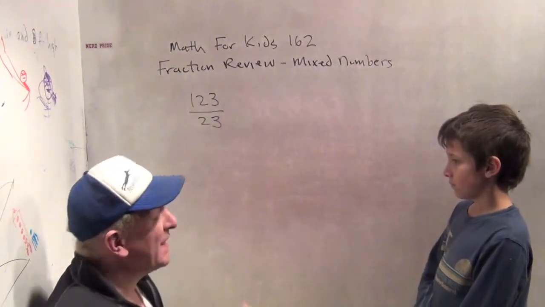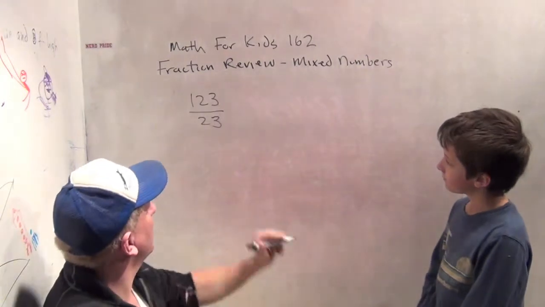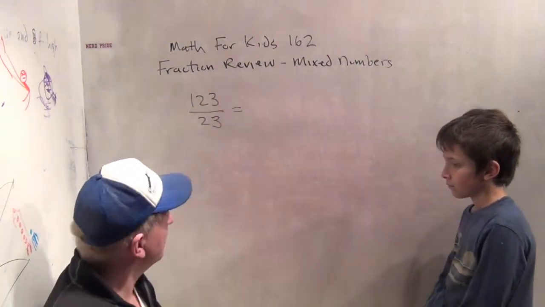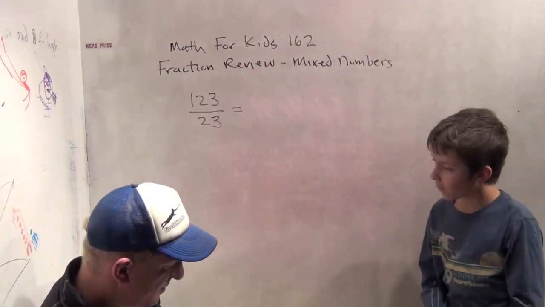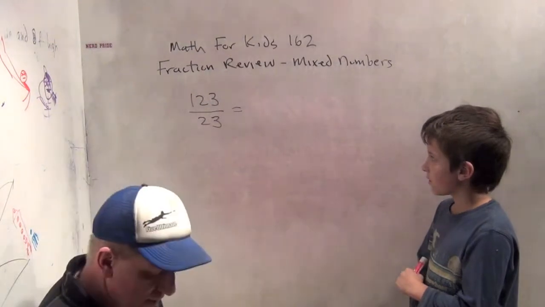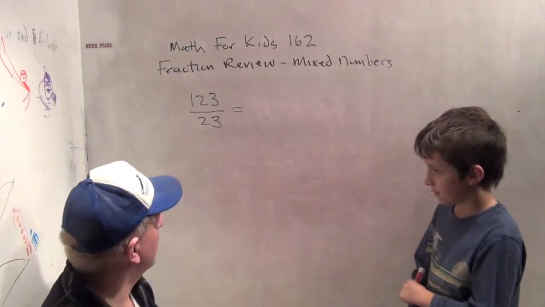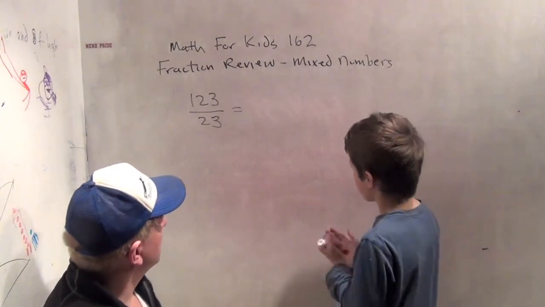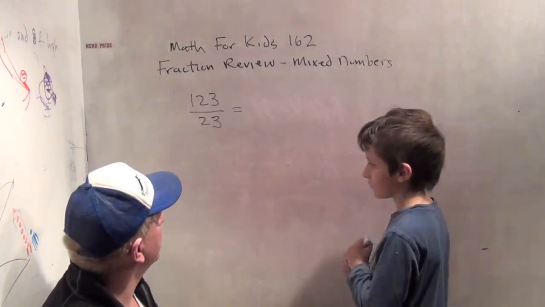123/23. Ooh, interesting. I want you to convert this from a fraction to a mixed number. Well, 23 times 5 is 115. Okay, that's nice to know. So how are you going to write 123?